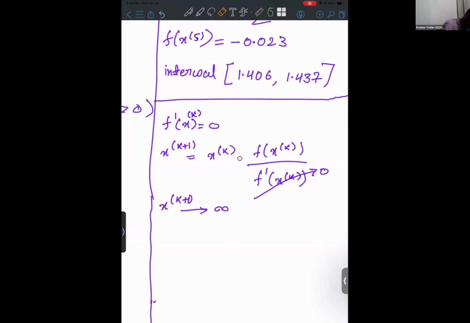I have written the formula wrong, here it will be minus. So it will tend to infinity, means the solution will be unbounded. So this is one limitation. Suppose the function becomes horizontal, parallel to the x-axis at some point. In that case, the Newton-Raphson method will not give the answer.